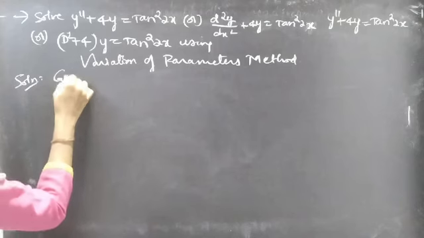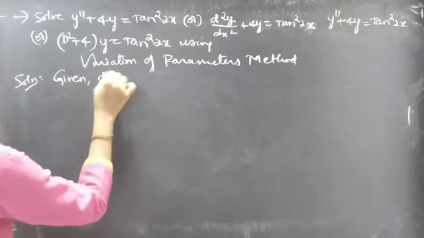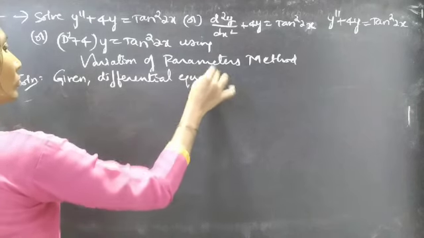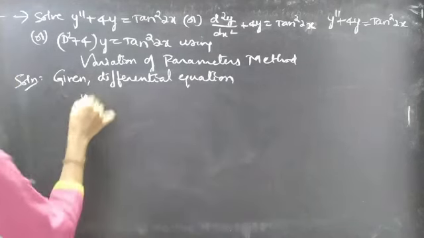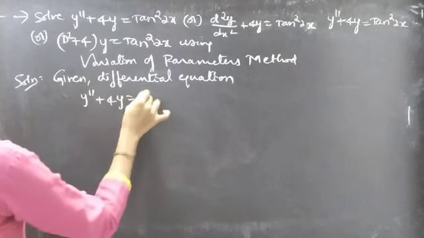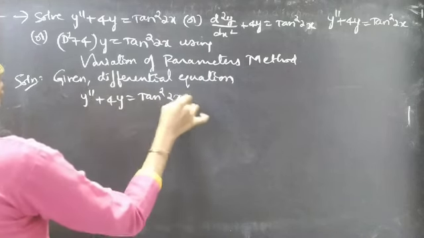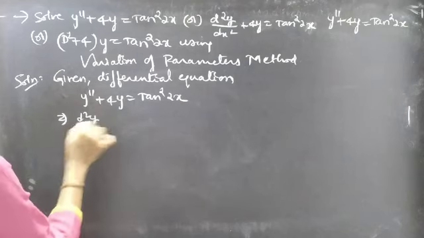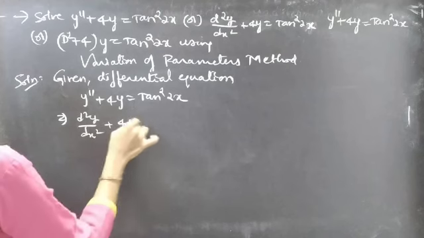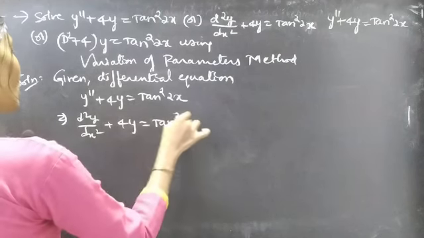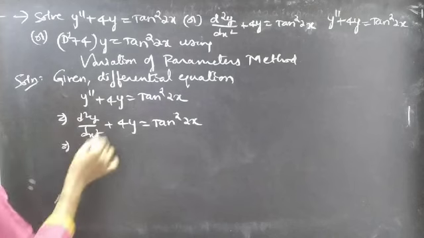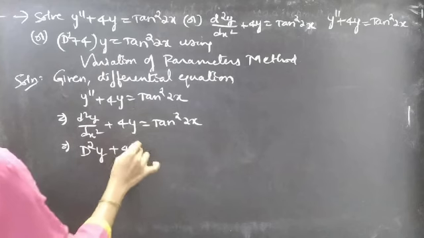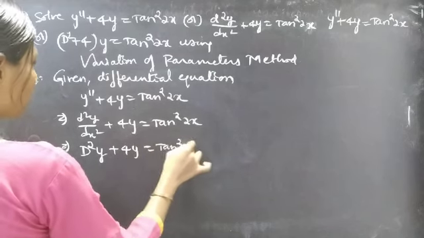Given differential equation, y double dash plus 4y equal to tan square 2x, or we can write this y double dash as d square y by dx square plus 4y equal to tan square 2x, or in operator form, capital D square y plus 4y equal to tan square 2x.